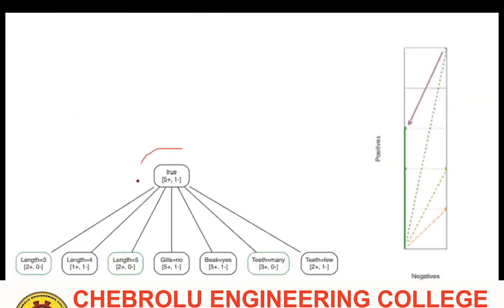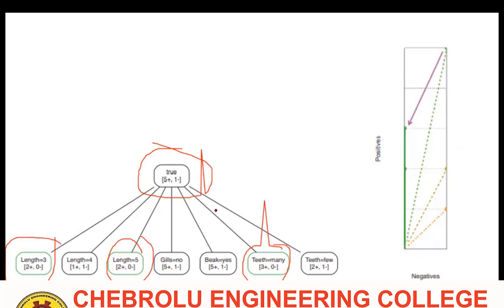Automatically, we are left with 5 plus and 1 minus, and teeth is equal to many. With only one rule, we have come to 3 purity sets, which can easily be represented as positives and negatives. This is how rule-based learning works.